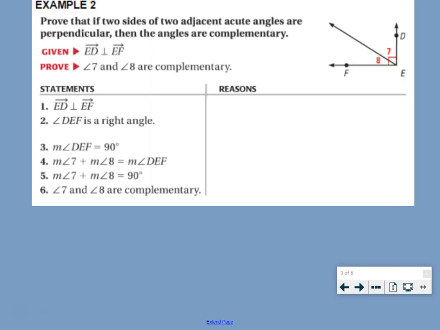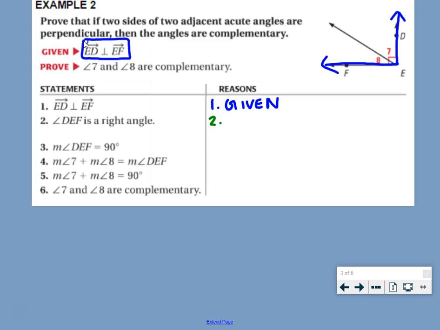So we're given that ray ED is perpendicular to ray EF. So right here, these two are perpendicular, which means they form a right angle. So 1, the rays are perpendicular, is given. Number 2, angle DEF is a right angle.